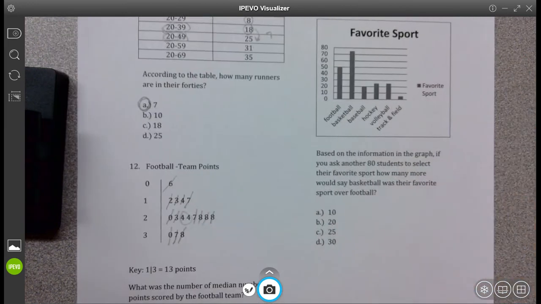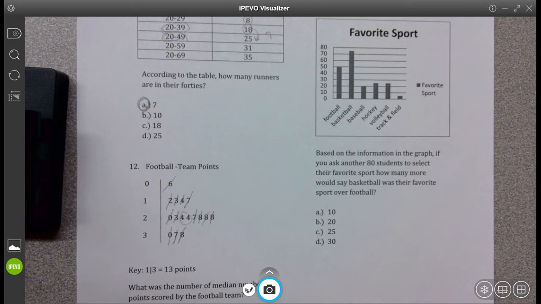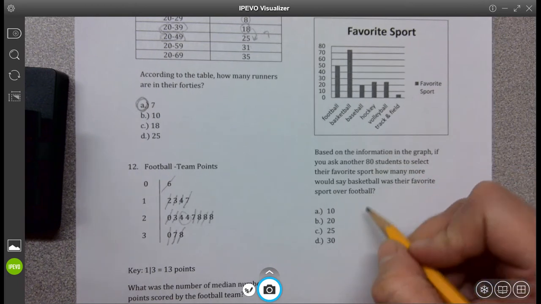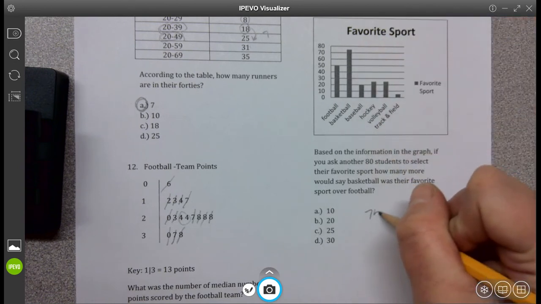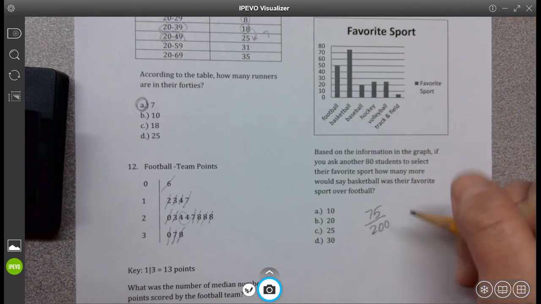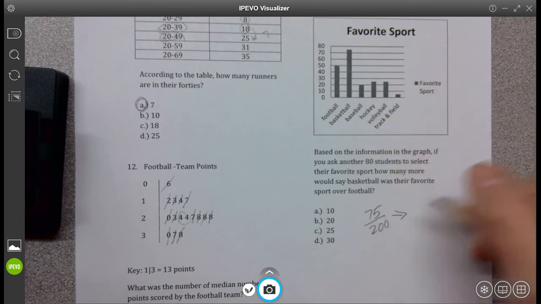You asked 200 students to select their favorite sport and then recorded the results below. Based on the information in the graph, if you ask another 80 students to select their favorite sport, how many more would say basketball was their favorite sport over football? So out of 200, 75 out of 200 said basketball.